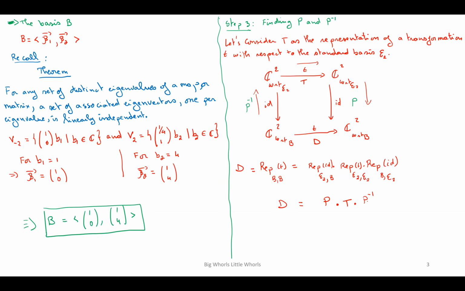So instead of finding P, let me find P inverse first. It's easier because it's easier to find the representation of the vectors of B in the standard basis. You know how? We just write the vectors beside each other.